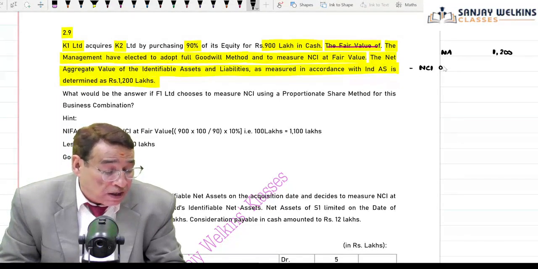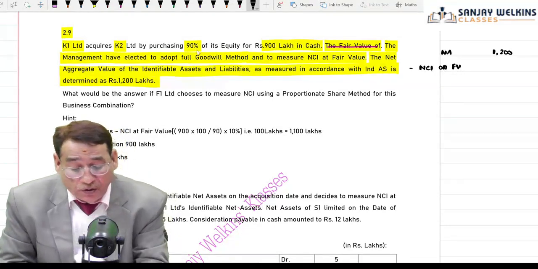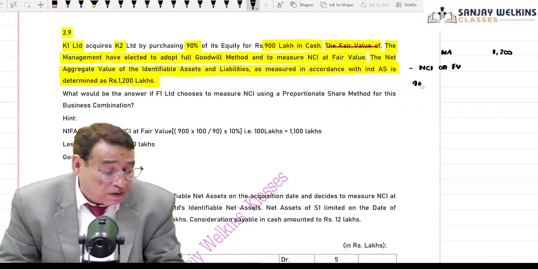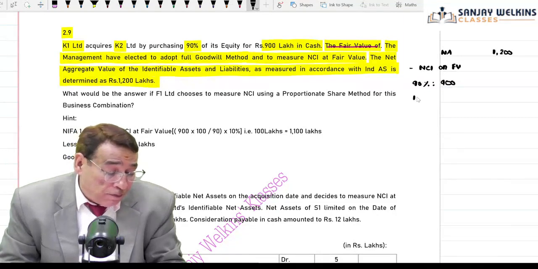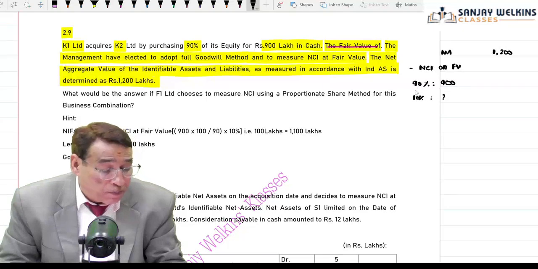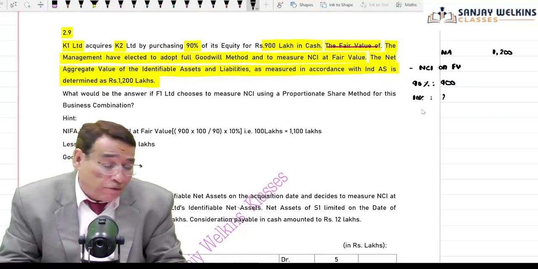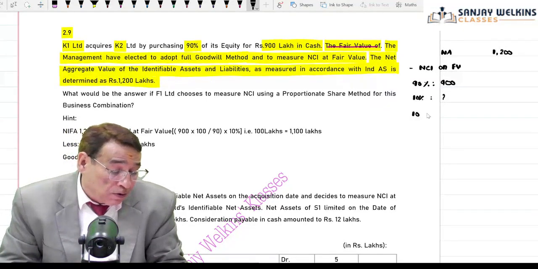How are you going to compute it? You have acquired 90% stake. For 90% stake, you are offering 900 lakhs. So what will be the fair value of 10%? Because your proportion is 90%, the proportion of NCI will be 10%. So 10 into 900 divided by 90.